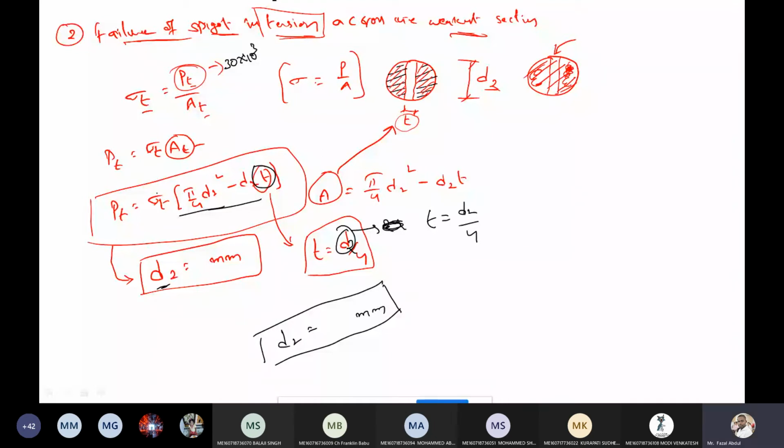Sigma t value is given in the question. Tell me the D2 value.